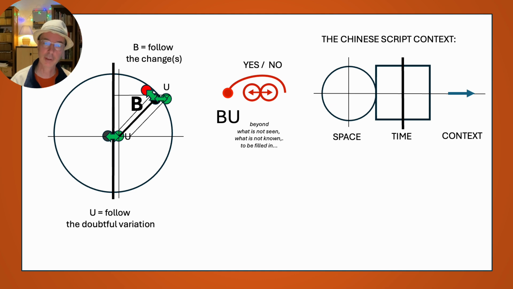But the BU on its own is that area of estimation in which we follow the things that we don't know. Our attention goes to the things we don't know yet, and we try to follow up because B is breaking open. It's trying to get larger at the borders, and with the U we try to fill it in. BU is going to try to fill it in with things we don't know.